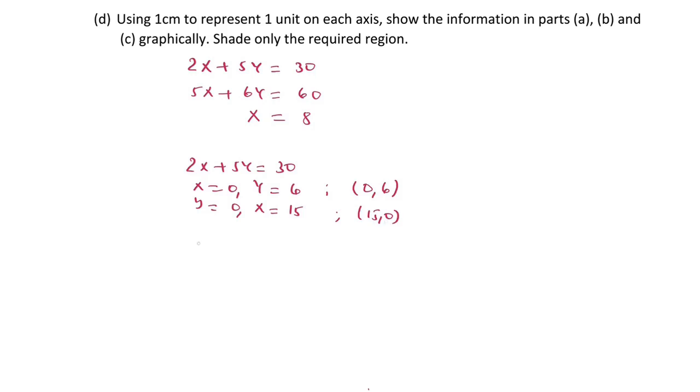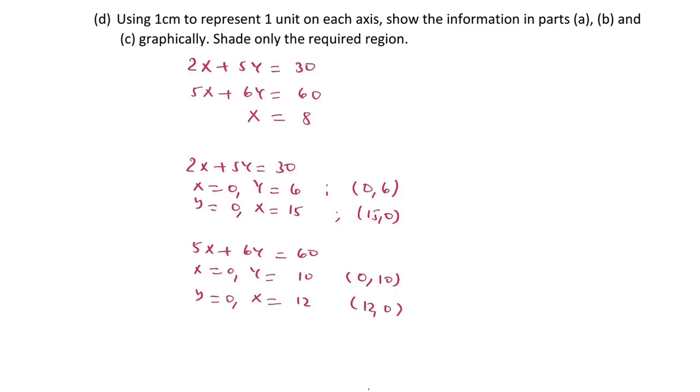And for this second line, which says 5x plus 6y equals to 60, when x equals to 0, y is going to be 10, and the point is 0, 10. And then when y equals to 0, x is going to be 12, and our point is 12, 0.